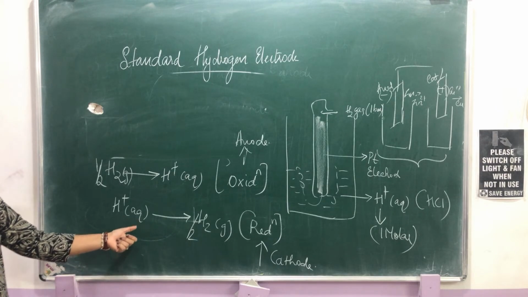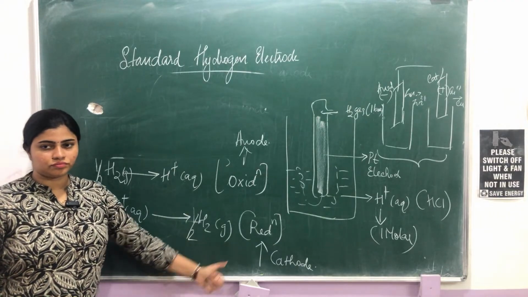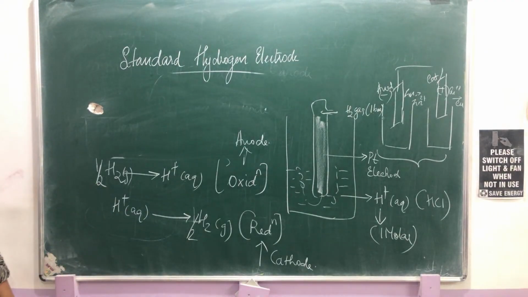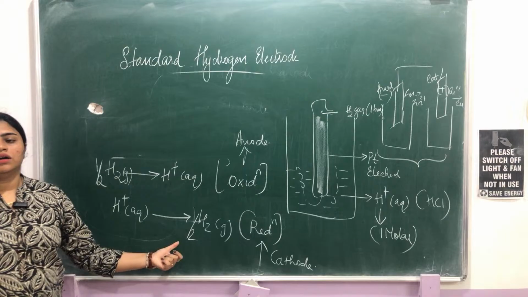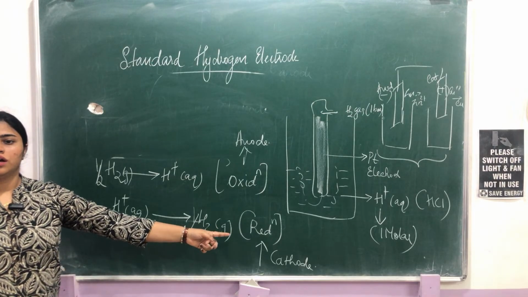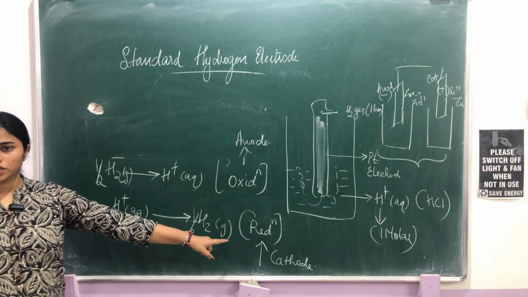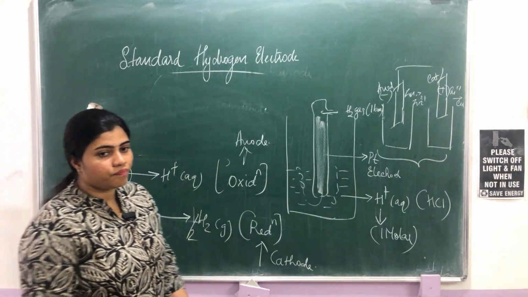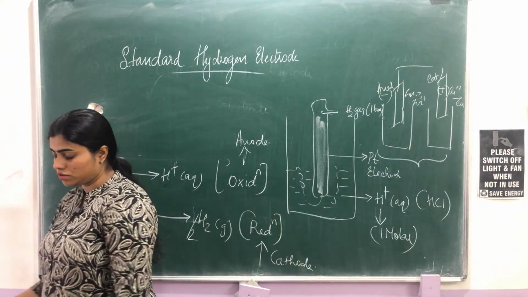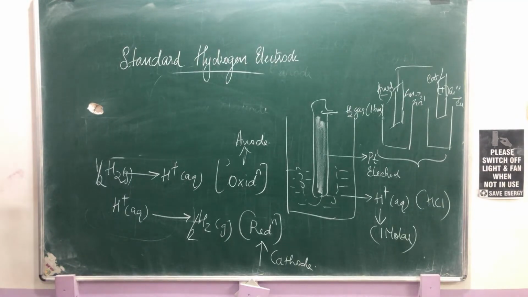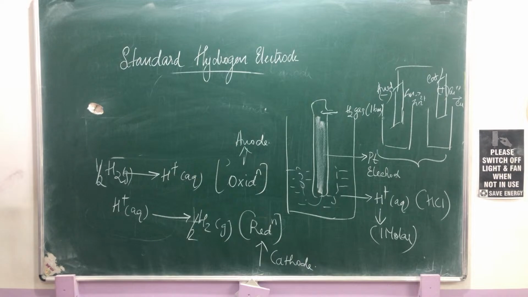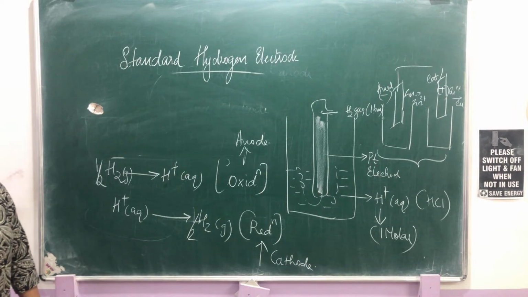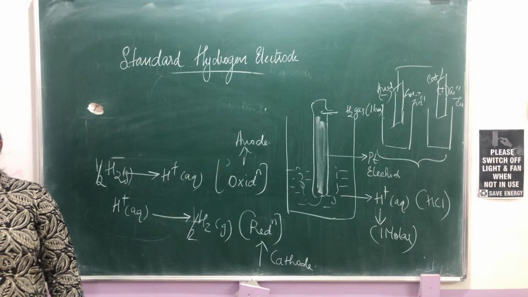Next, write down the second reaction. H plus aqueous gives half H2 gas. Here it undergoes what reaction? Reduction. It undergoes reduction. Hence, it can act as cathode. Okay, listen here now.